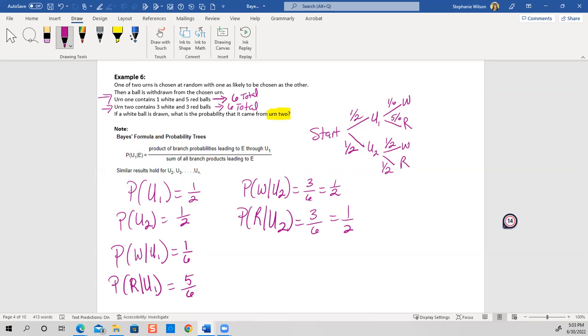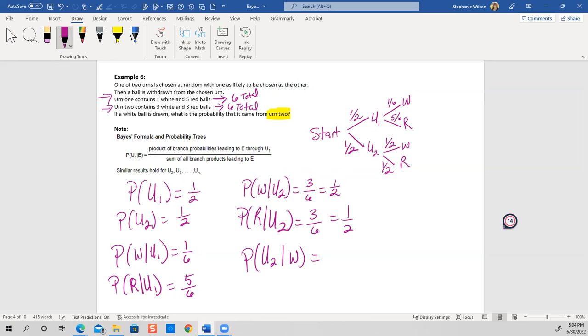Now we're going to start cranking the numbers together and solving. So we're going to multiply the branch probabilities leading to whites in group 2. So in group 2, what do I see? We have probability of U2 in the whites.